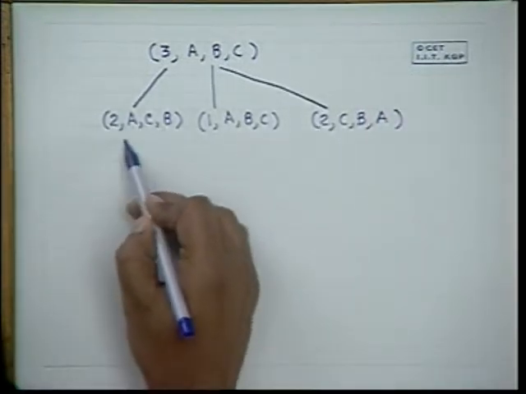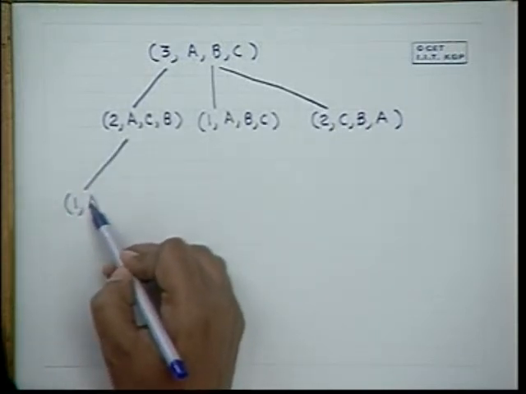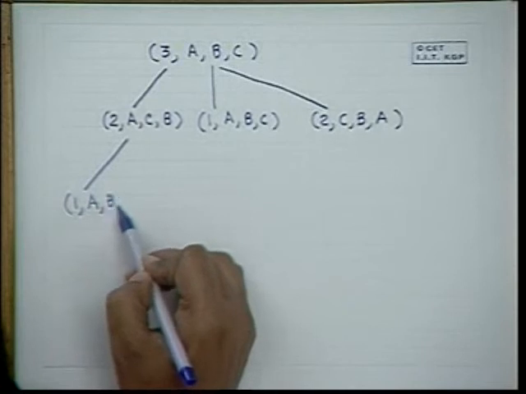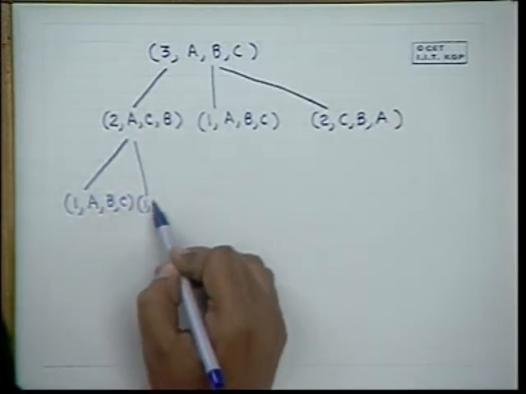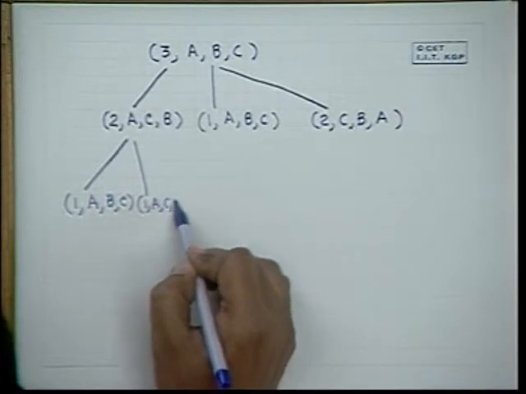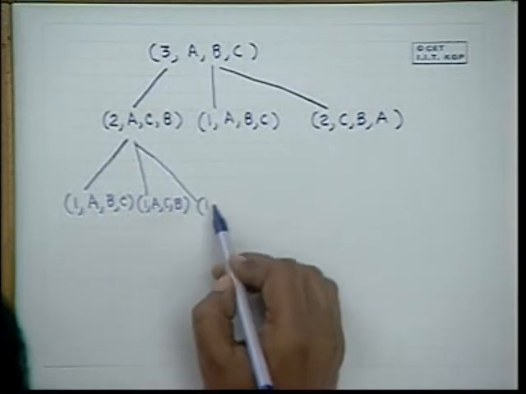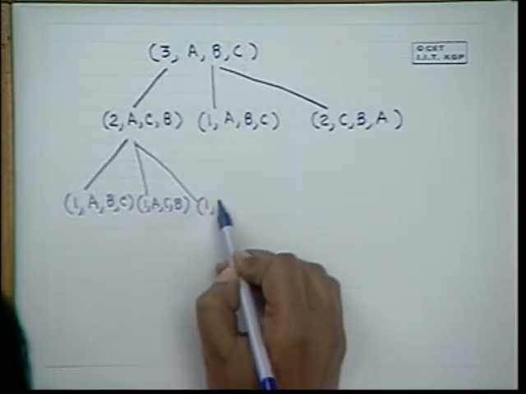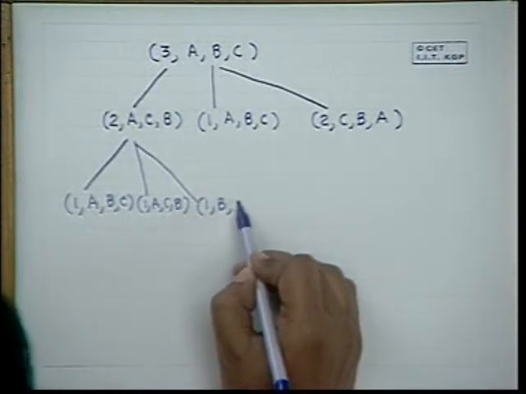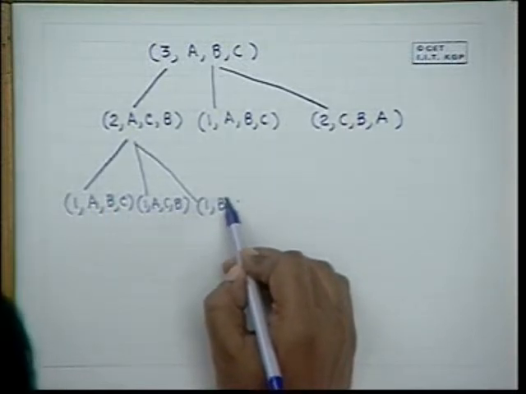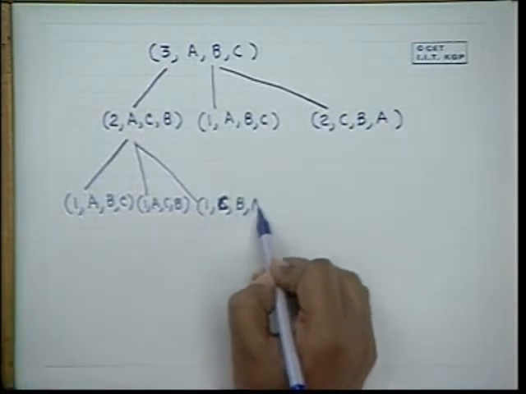Now to solve this one, I'll have to solve 1 A, B, C, 1 A, C, B, and 1 B, C, sorry, this is C, B, A, right?